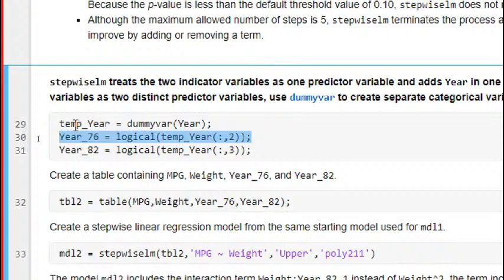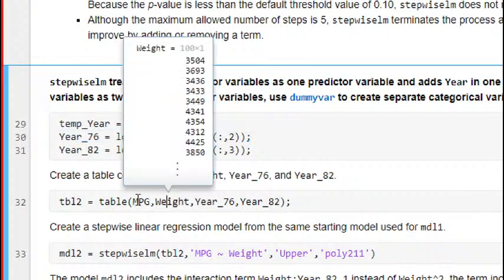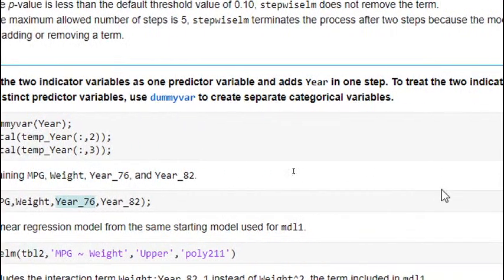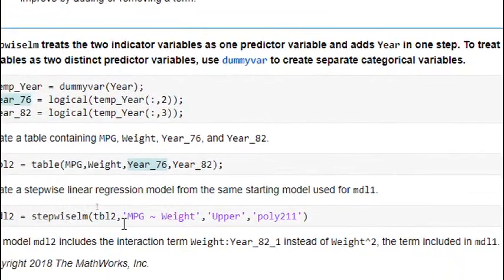Now in this case, what inputs do we have? Year 76, year 82, and weight, and mileage is the output. So we are creating a table again, and we applied stepwise. It will start from weight, and upper is polynomial with 2 degree, 1 degree and 1 degree.